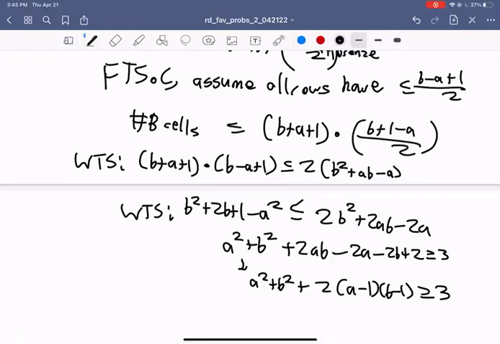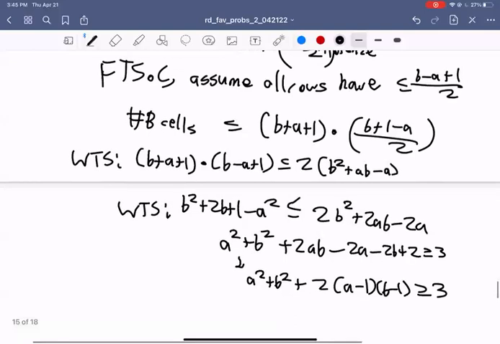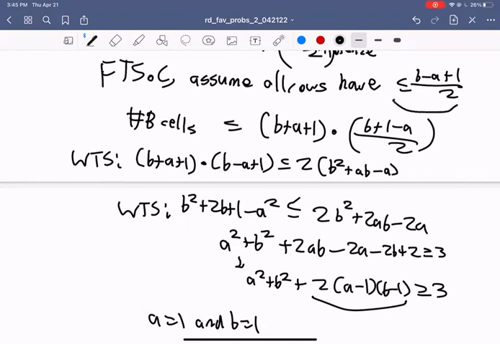So the only case in which this inequality wouldn't hold, because this is non-negative, would be for A equals 1 and B equals 1, which either we could deal with that case especially, or we can use the fact that we can tighten this further.